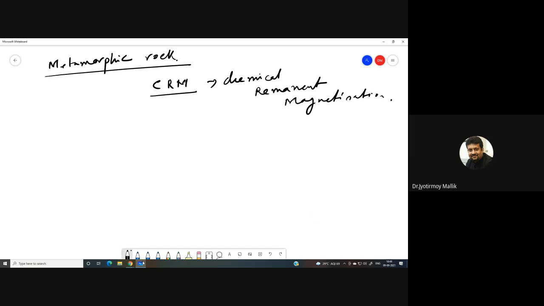But if you think metamorphism is a secondary process, then you have to treat this as a secondary remnant magnetization. In this particular case as well, while these chemical changes happen, new crystals form, and exactly the way it happens in TRM, while it crosses the Curie temperature, the rock acquires magnetization. Okay, and this is what we call CRM, or chemical remnant magnetization.